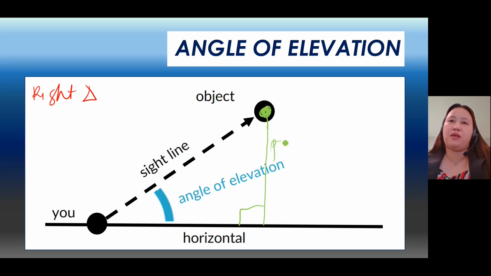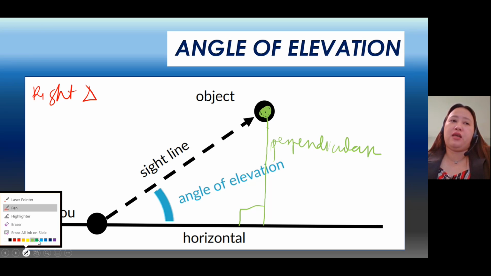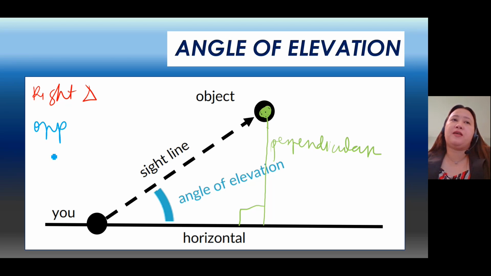So this is the perpendicular. In order to apply the Pythagorean and trigonometric functions in the angle of elevation, since we have a right triangle already, you have to identify the opposite, adjacent, and hypotenuse sides.